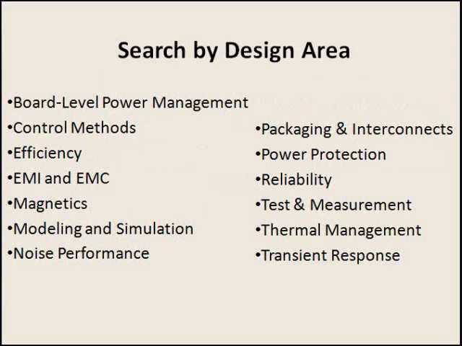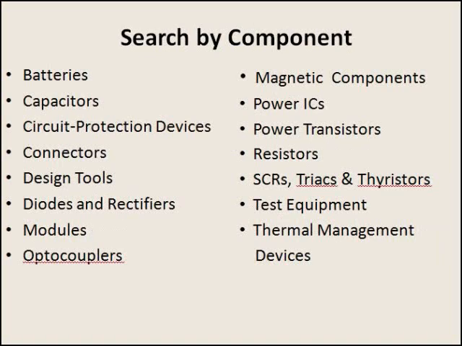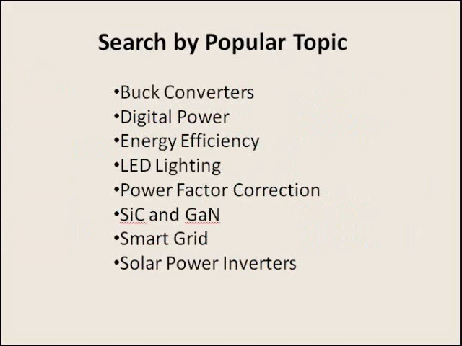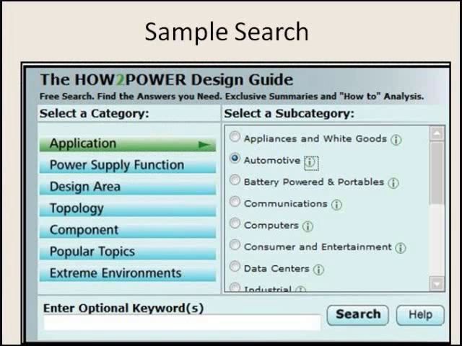Or you can search by design area, by power supply topology, by power component type, by popular topic, or by environmental requirements. To see how this works, let's try a sample search.